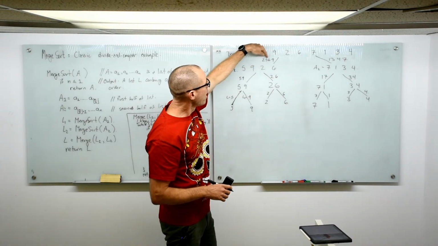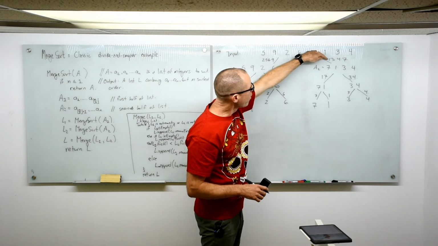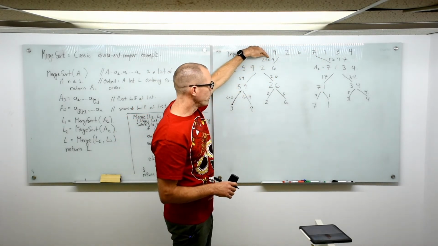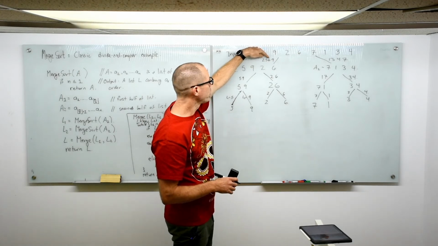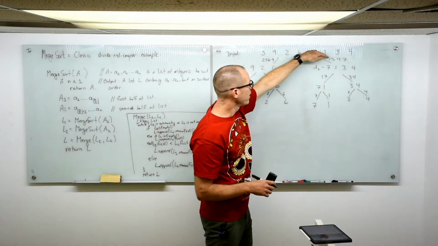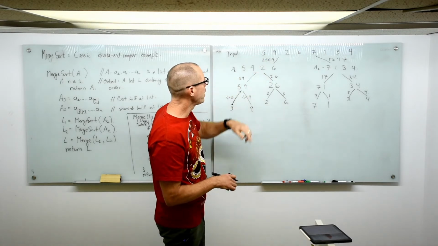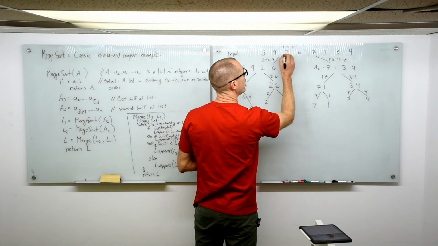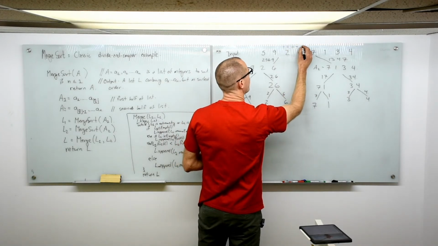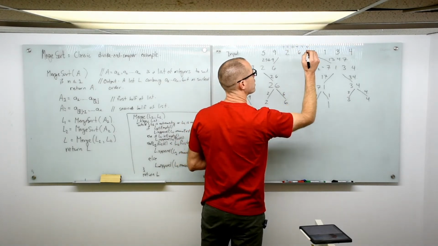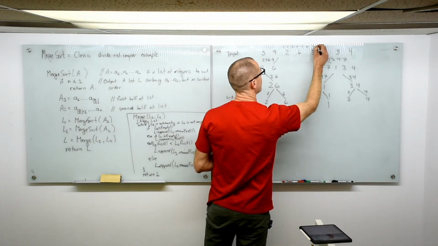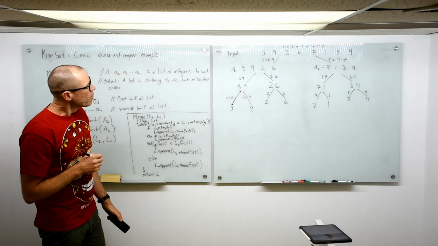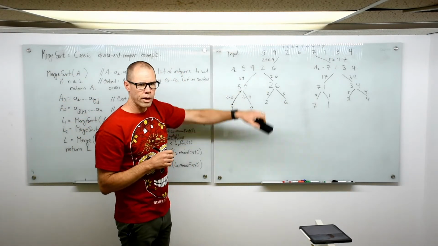We've sorted the first half, we've sorted the second half, and now we need to merge those two sorted halves using the merge function, and we've done exactly this exercise already. So what comes out is 1, 2, 3, 4, 5, 6, 7, 9. Okay. So what comes out is the final sorted list in the output.